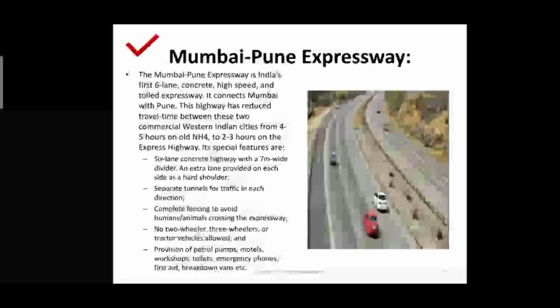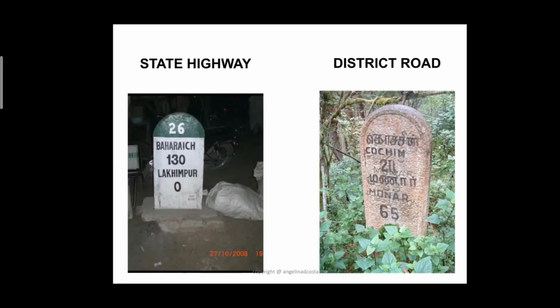Now, if we observe this milestone, the first one, where do you think I would be? I would be at Lakhimpur because it's showing 0 kilometers. And if I travel further, I would go to Bariach, 130 kilometers away.